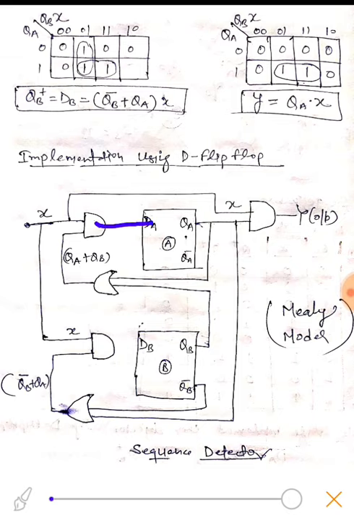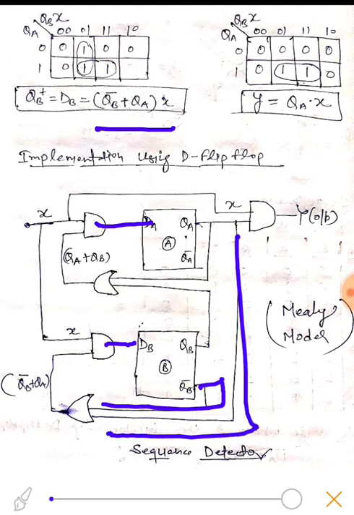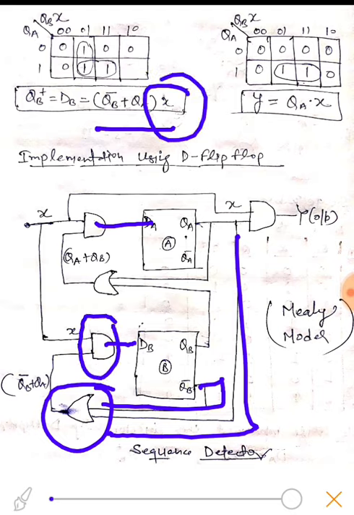The inputs would be DA and DB. We have DB is QB bar plus QA into X. So QB bar plus QA will be implemented using an OR gate, and we will use an AND gate to multiply X into it and feed it to DB. So DB is QB bar plus QA into X.